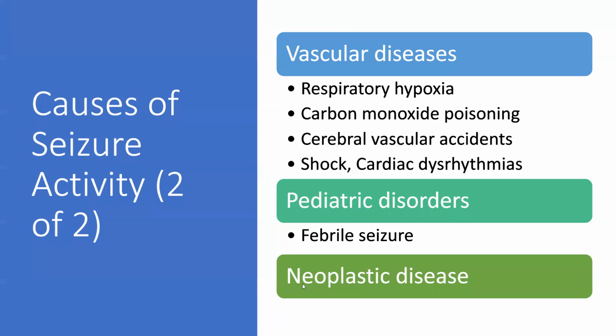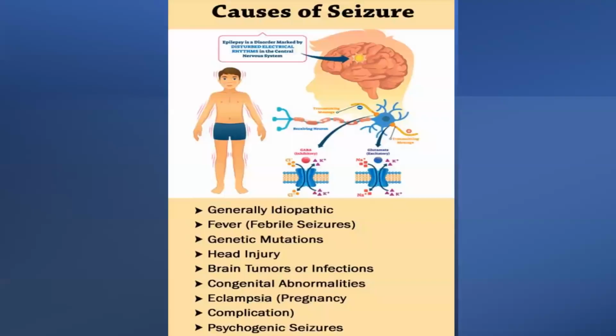Others include vascular diseases, respiratory hypoxia, carbon monoxide poisoning, cerebrovascular accidents, shock, cardiac dysrhythmias. There can be pediatric disorders like febrile seizures, and neoplastic disease. These can be causes of seizures.